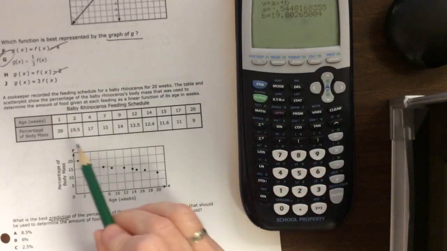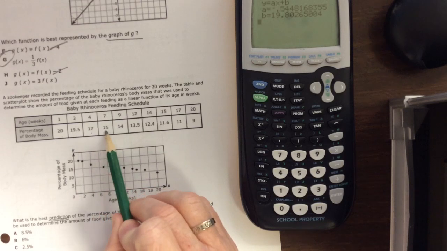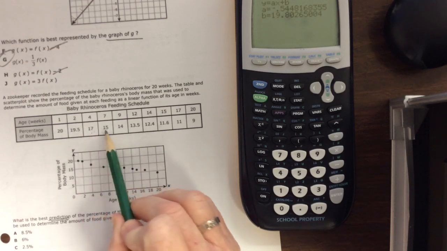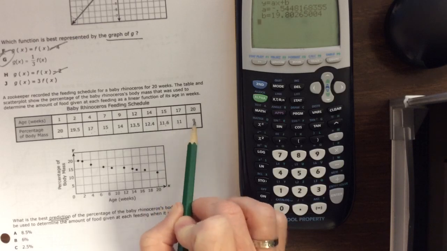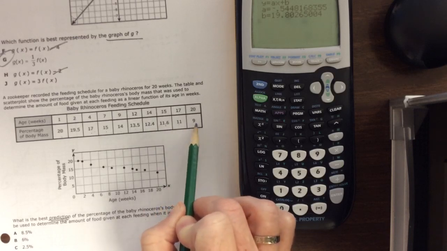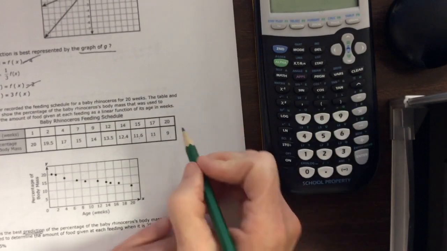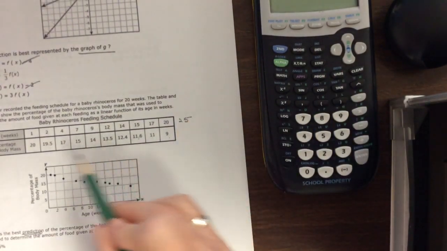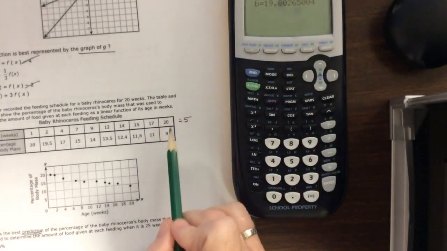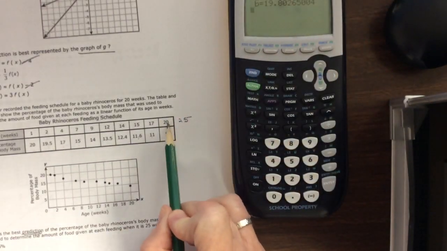So we can see that the body mass is going down. And we're trying to figure out what it is going to look like at 25 weeks. So this is 5 more weeks here.